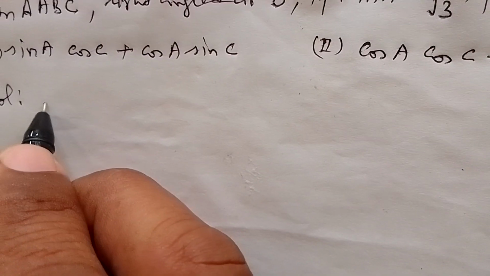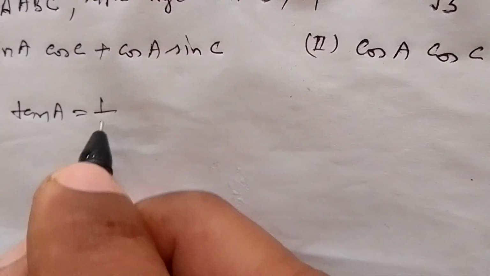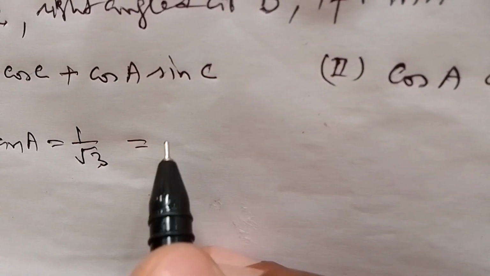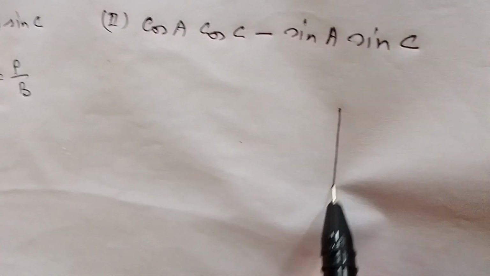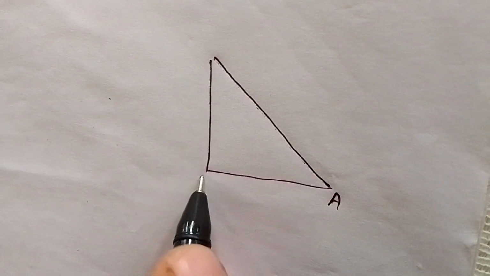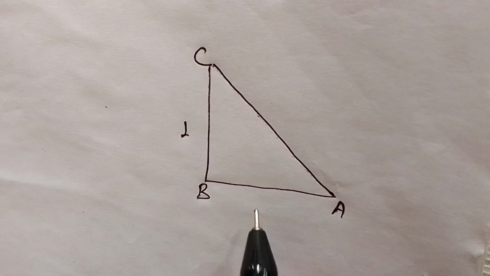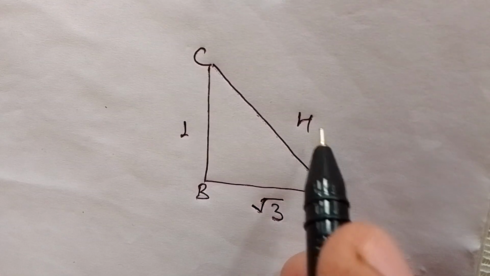So the solution of the question is like this. We have given tangent angle 1 by root 3. Since we know that tangent is the perpendicular over base, so the triangle in this case is ABC. Perpendicular is 1 and base is root 3. We have to find the hypotenuse.